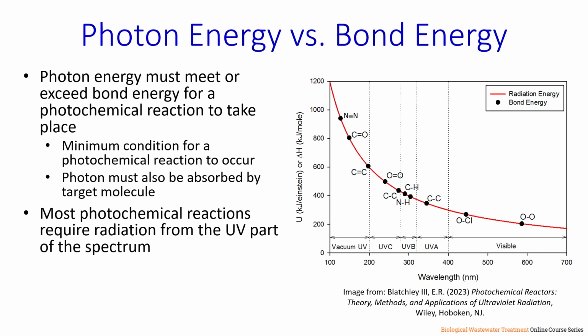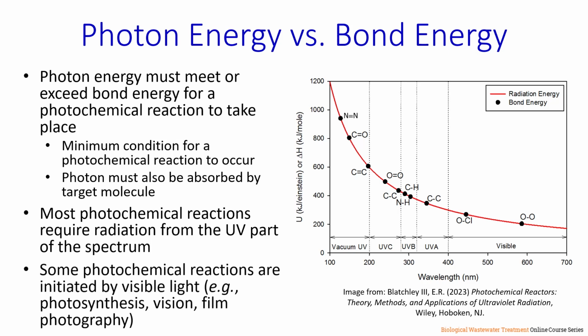In fact, we know that there are some absolutely crucial photochemical reactions that take place involving radiation from the visible portion of the spectrum, notably photosynthesis and human vision, or for that matter, vision for most animals. These are photochemical processes that involve radiation from the visible portion of the spectrum. There are also some somewhat less critical processes that involve radiation from the visible portion of the spectrum, including film photography.